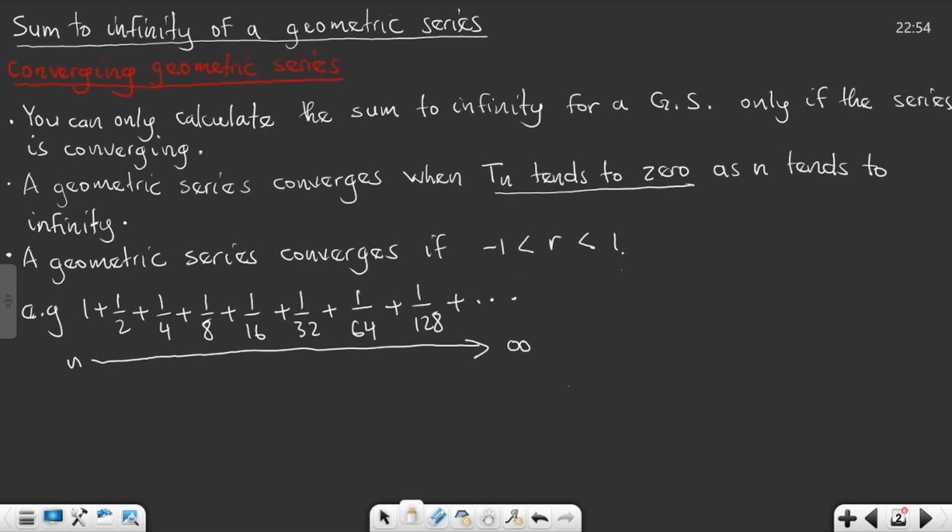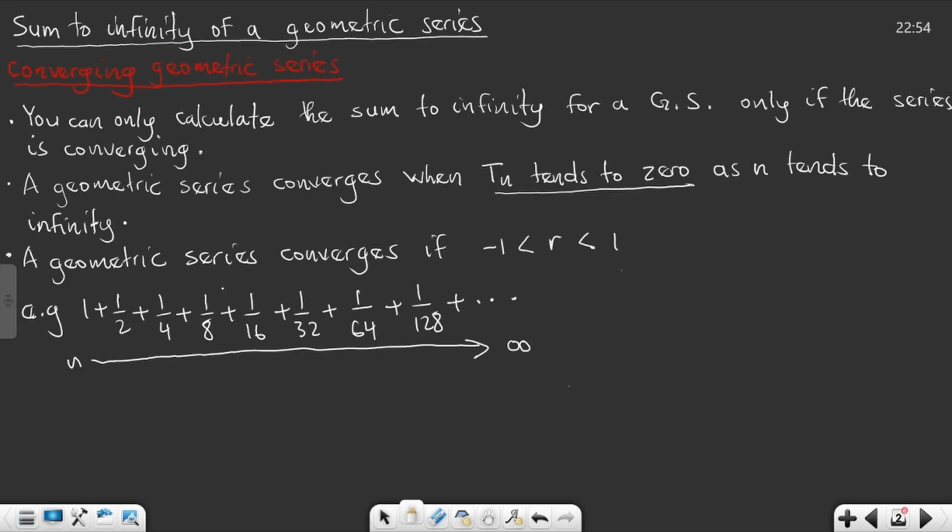And you will see that 1/2 is between these values. It's actually a value before 1. Remember, 1/2 is equal to 0.5. So the value is between -1 and 1. So if the value of r is between -1 and 1, the geometric series is converging, or we say it's a convergent geometric series.